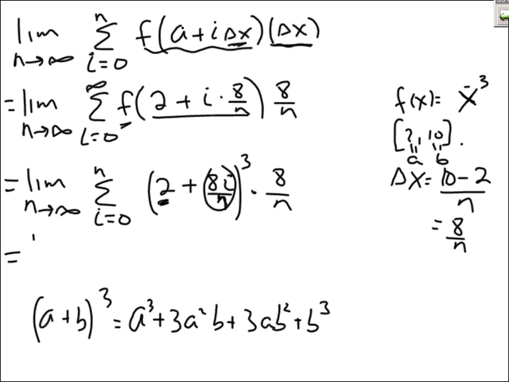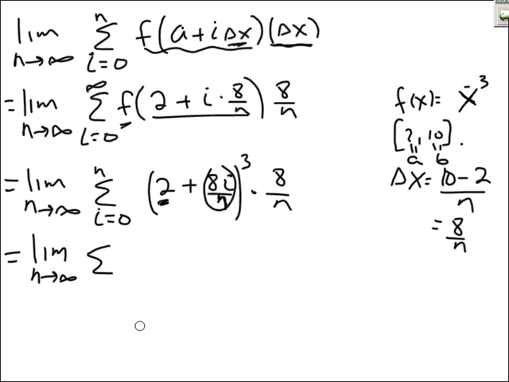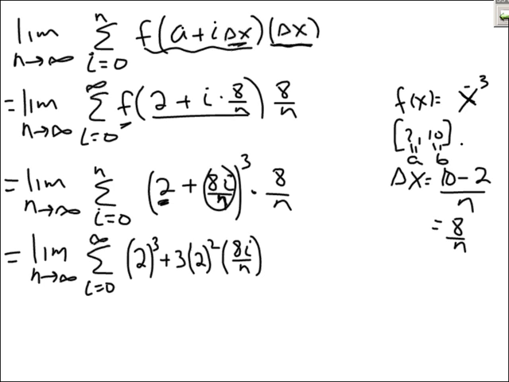Okay, so this is equal to the limit as n goes to infinity of the summation as i goes from 0 to infinity, you get a cubed plus 3 times a squared times b plus 3 times a times b squared plus b cubed.